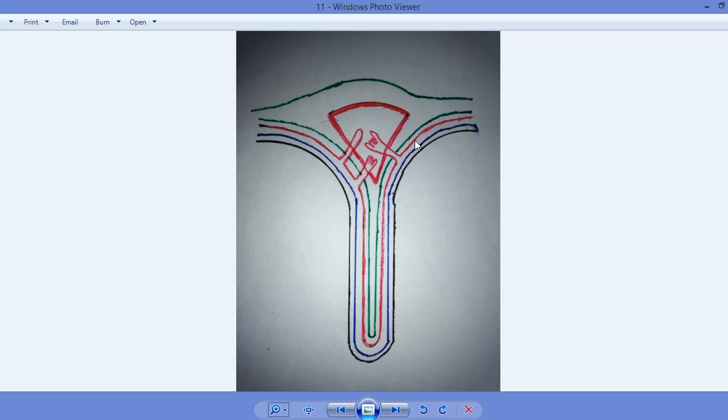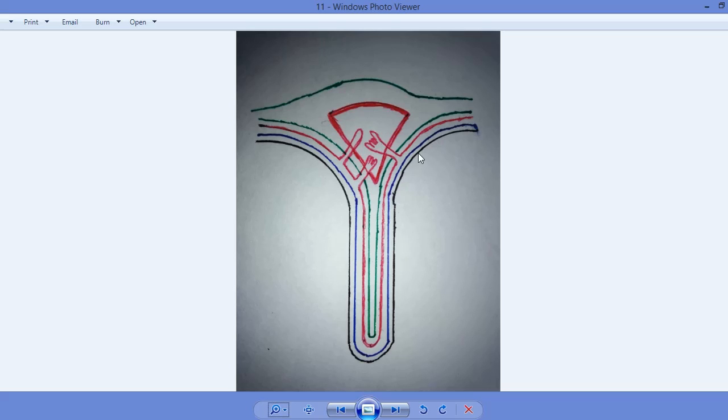The cerebrospinal fluid is also extended over here. When the cerebrospinal fluid flows to these protrusions, it will cross this portion and be absorbed into the venous return, into the superior sagittal sinus.